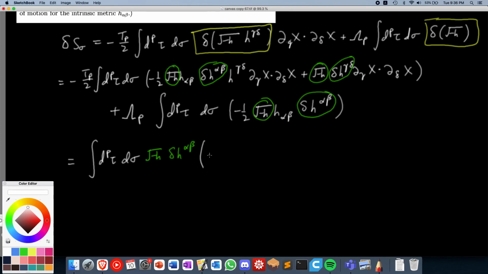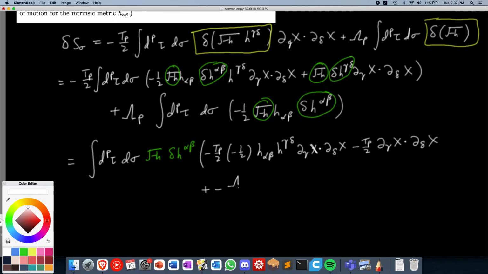So the first term is going to be minus Tp over 2, and then we have minus Tp over 2 again, and from the bottom we have minus lambda Tp over 2.